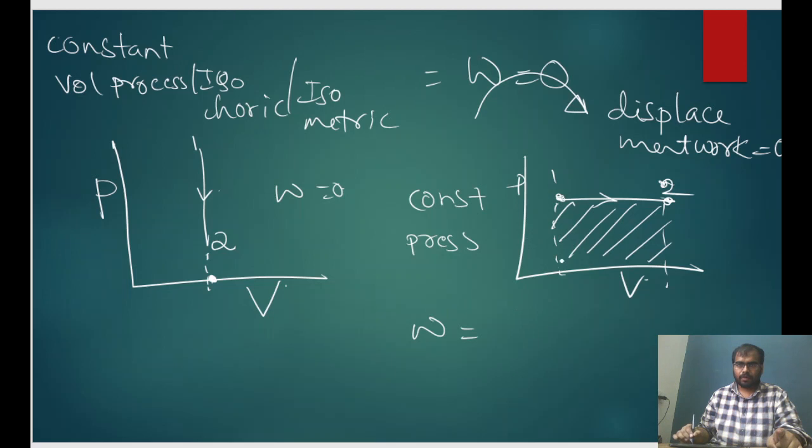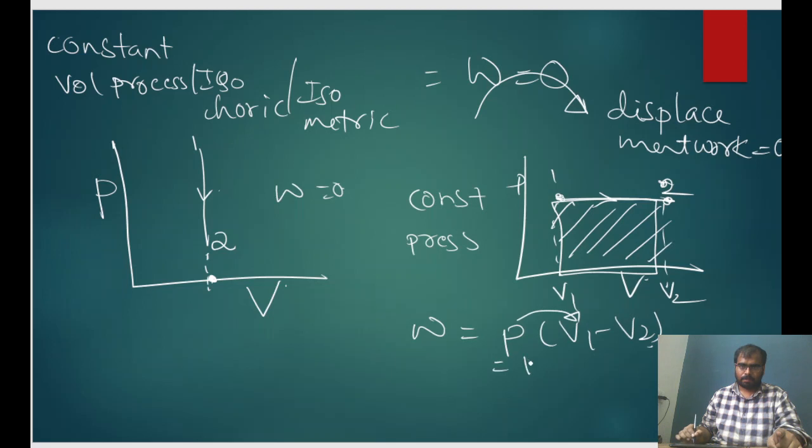It looks like a rectangle. What is the area of a rectangle? Length into breadth. The length here is V1, V2 and the height is P. So it is P into (V1 minus V2). If you multiply inside, you will get PV1 minus PV2.